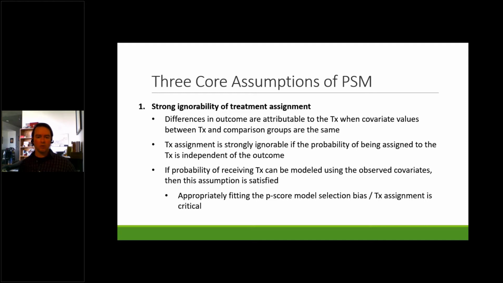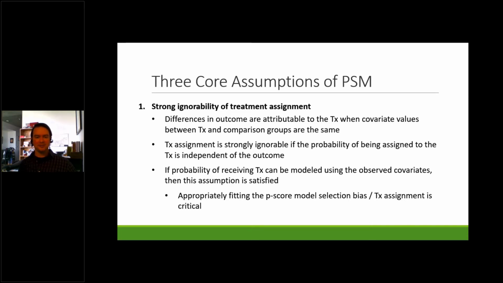So there are 3 core assumptions of PSM. The first is commonly referred to as the strong ignorability of the treatment assignment, but is also known as selection on observables, the conditional independence assumption, or CIA, or unconfoundedness.